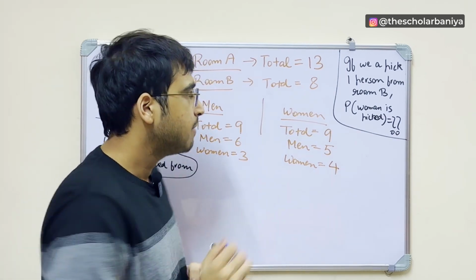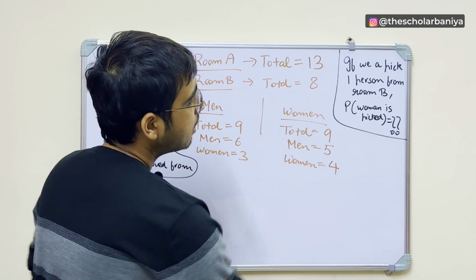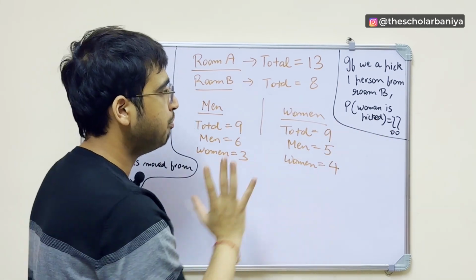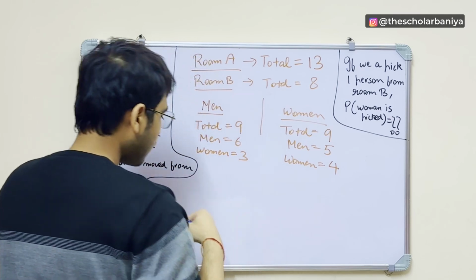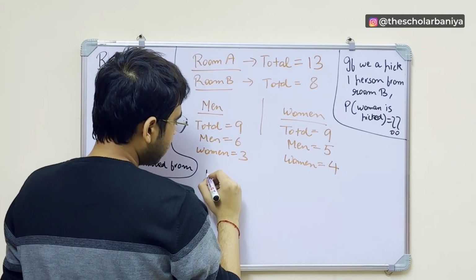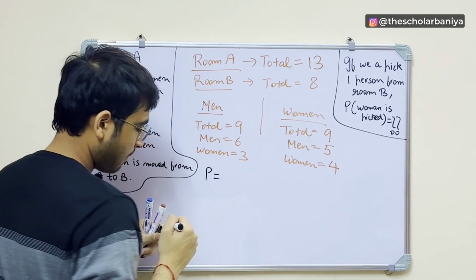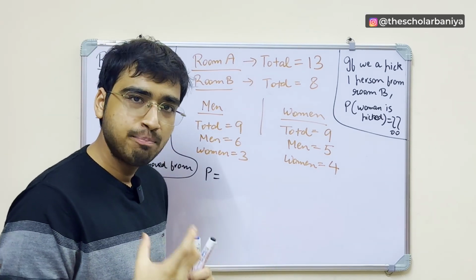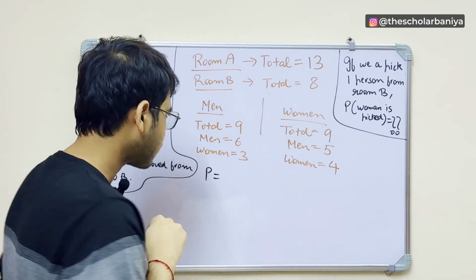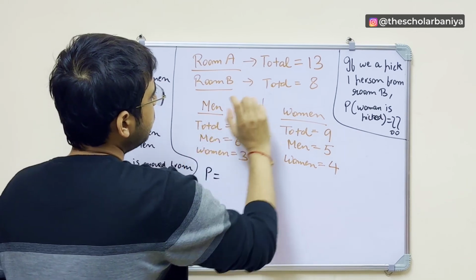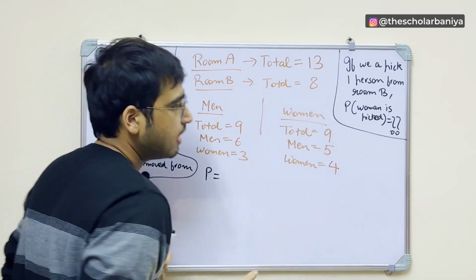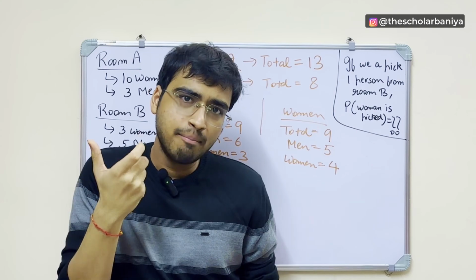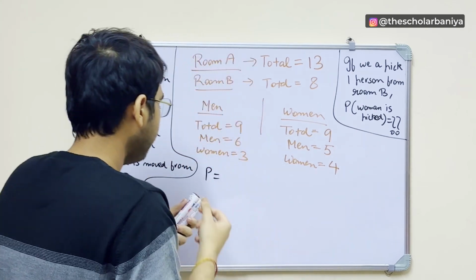Now tell me one thing. We have to calculate the probability that a woman is picked from room B. So the probability becomes what? In the first case, we can have picked a man.